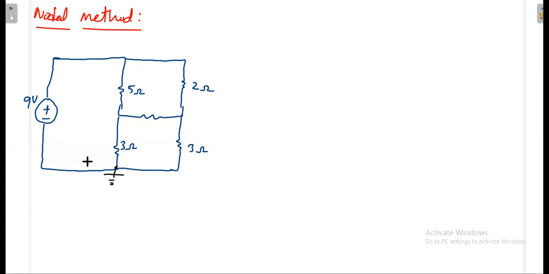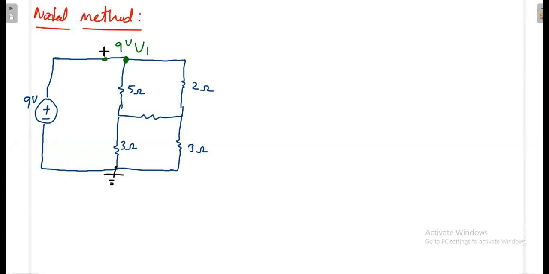Now, whenever you are choosing a node, suddenly I should not go here and choose this as V1. That is completely wrong and will create ambiguity, because I already know the voltage here. 9 volt is appearing, and the same 9 volt will appear up to this point, wherever I stand.